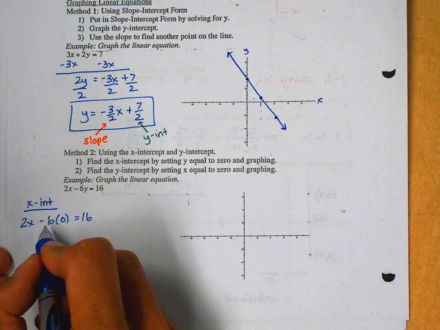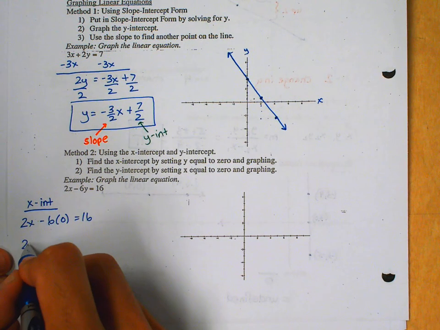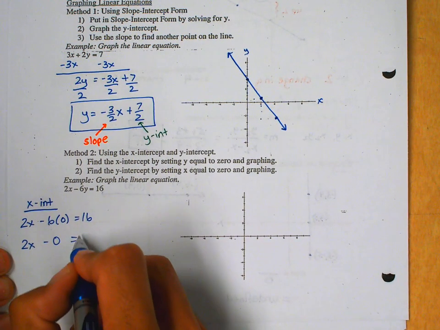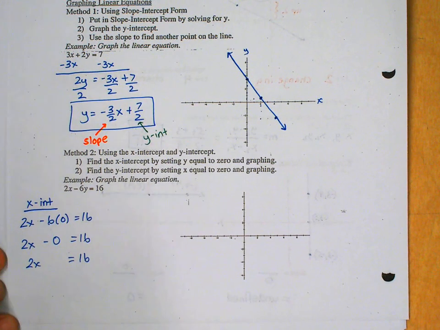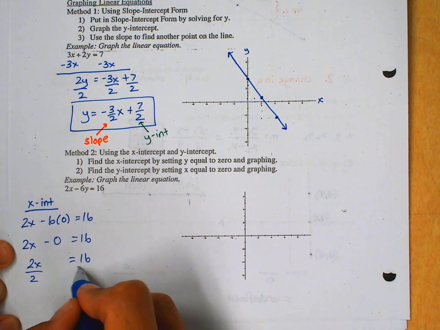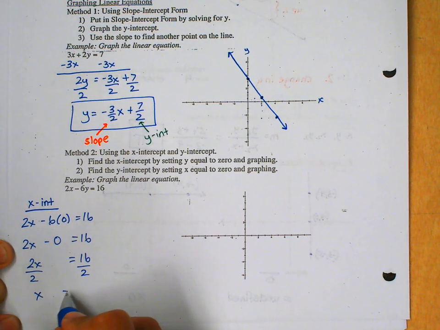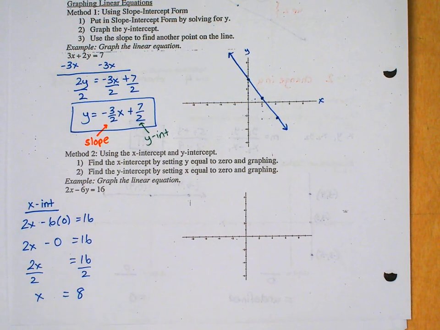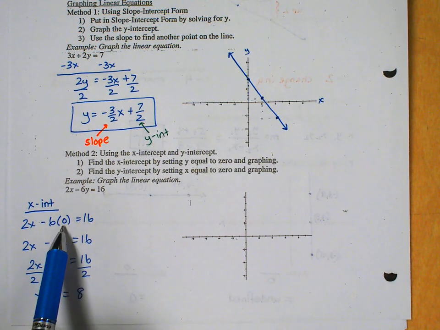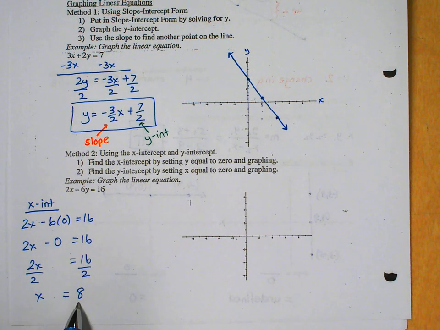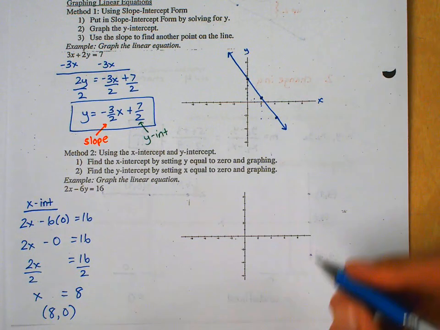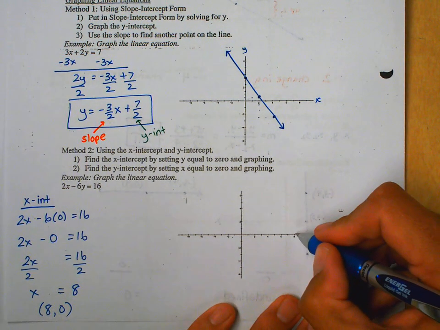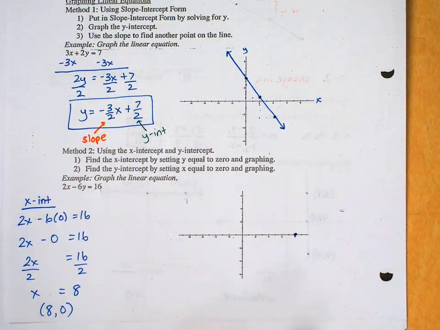That's just 0, so 2x minus 0 equals 16. 2x equals 16. Divide by 2, divide by 2. x equals 8. I plugged in y equals 0, so I've got an x and a y. The ordered pair is 8, 0. And I'll plot that point over here on the graph, 8, 0.